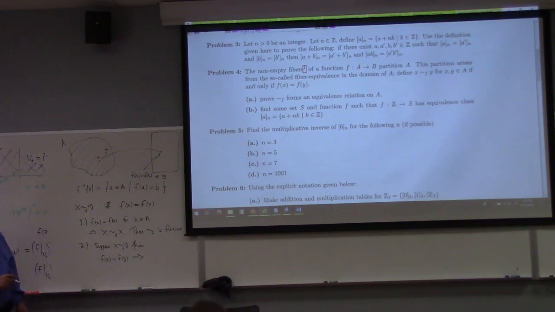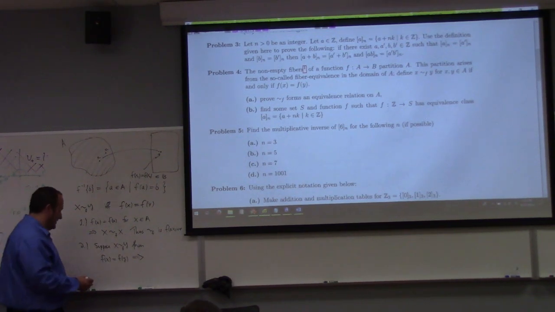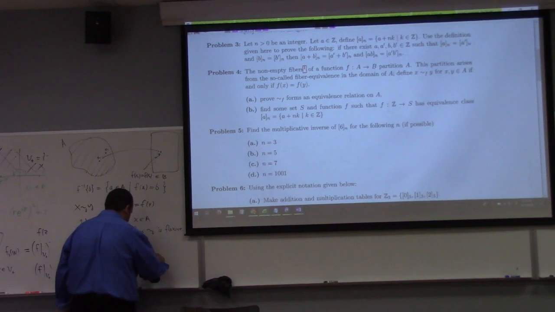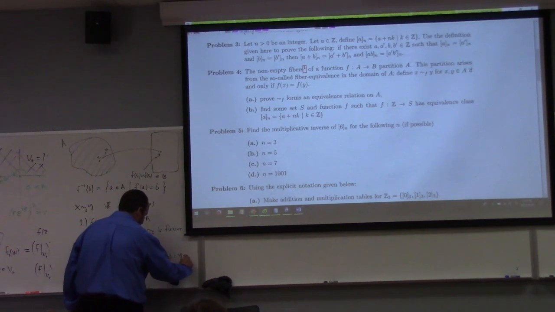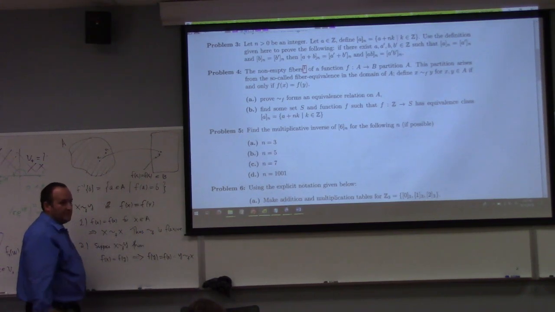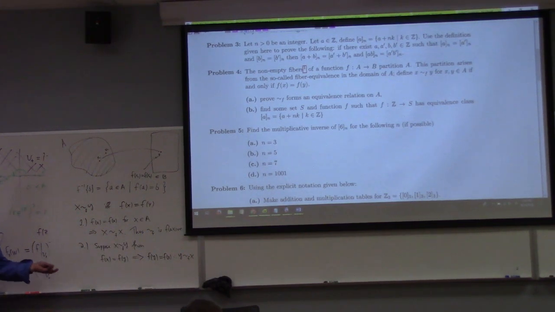This is kind of stupid, but f of y is equal to f of x, which says y is f related to x. There you go. That's symmetry. I'm not going to write down transitivity. I don't want to do the whole problem. It's your homework. I'm going to write my own solution, I just don't want to write it right now.